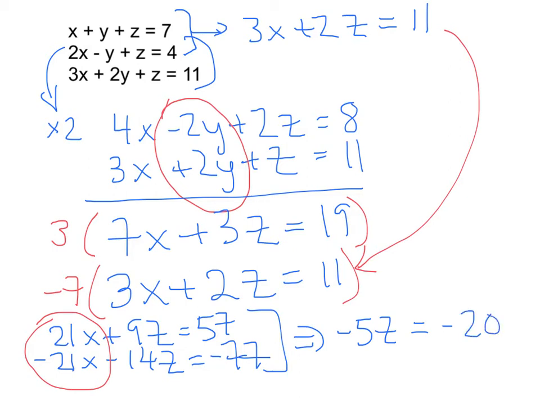Divide both sides by -5, and of course we get z equals 4. Now, to finish this problem off, we would go back to either of the two equations that we had produced with only x and z in it, substitute z, solve for x, then we have both x and z, and we take those answers and substitute into any of the original equations to find what y would be.